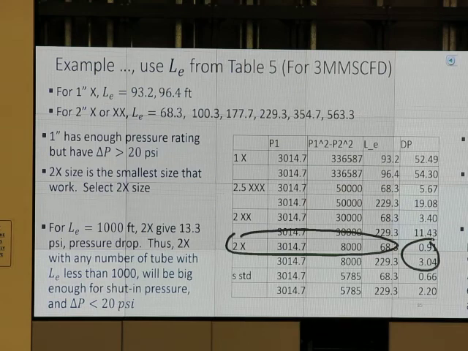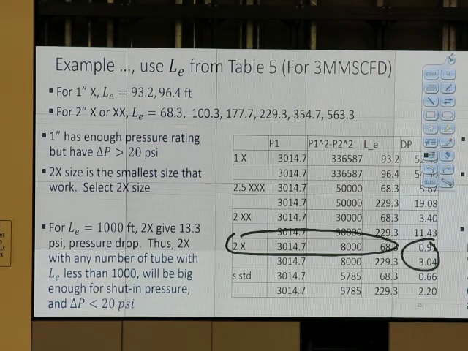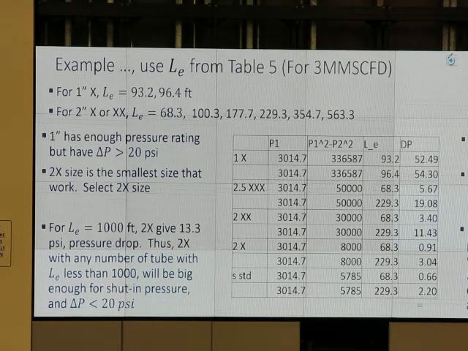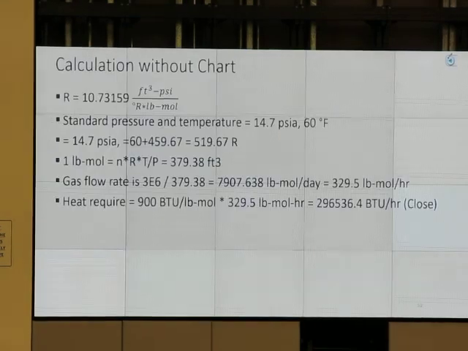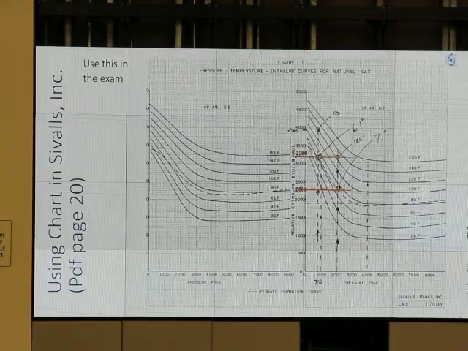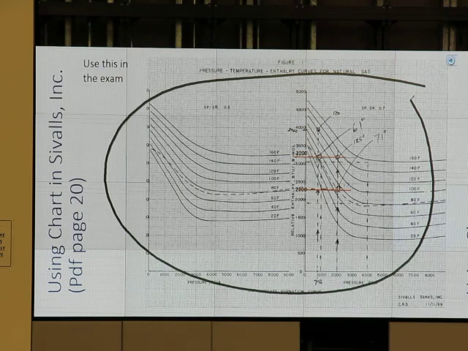And then last step, we check erosional velocity. Okay, let me repeat myself. Maybe I didn't do it very straightforwardly. Maybe I should change the slide later. Step number 1, use this chart. We need to know what temperature we heat from and to. Number 2, calculate BTU per hour.